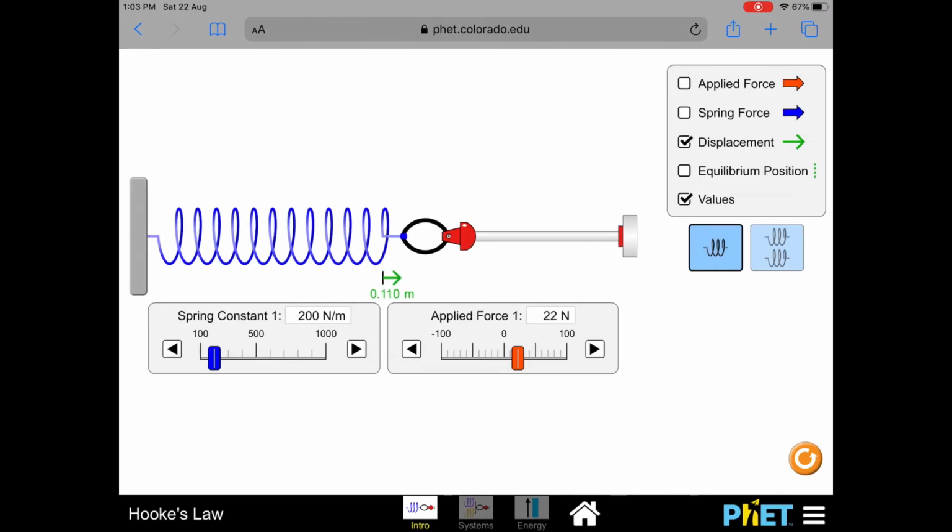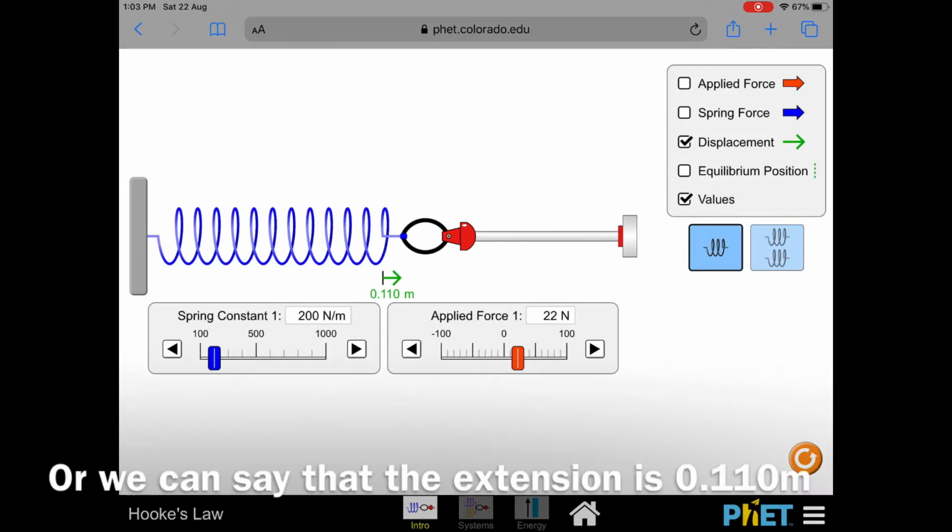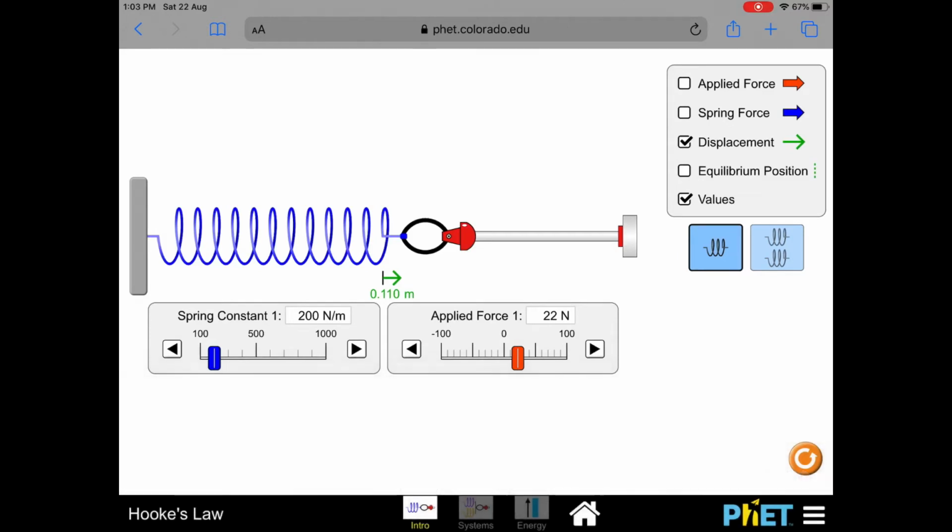First of all, by adjusting the applied force to 22 Newton, then you can see in the green arrow, the extension will become 0.110 meter. It means that it is 0.110 meter longer than its original length. And then apply an even stronger force in this system. Let's see.